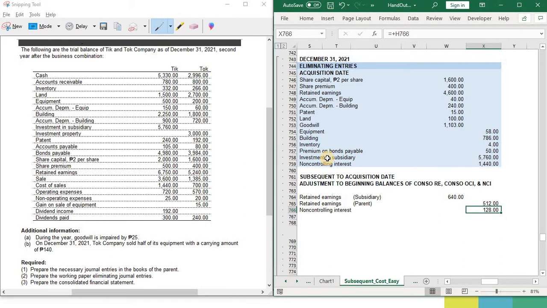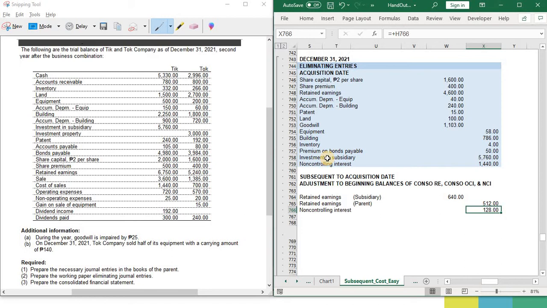However, this will not yet result in the beginning balance of the consolidated retained earnings and the non-controlling interest, because the 640 peso increase is only based on the records of the acquiree in its separate financial statements.